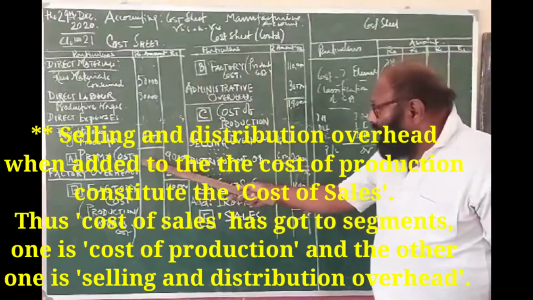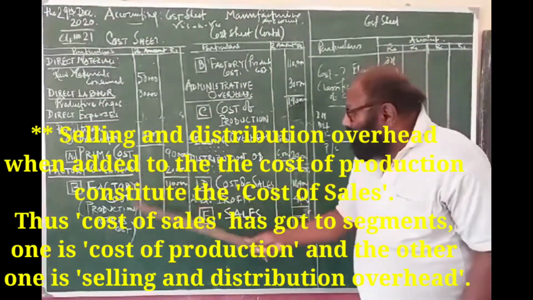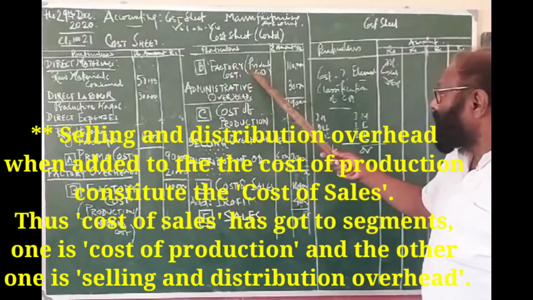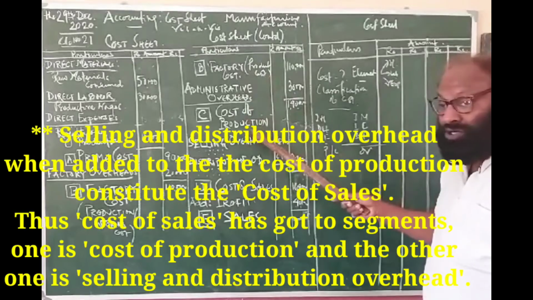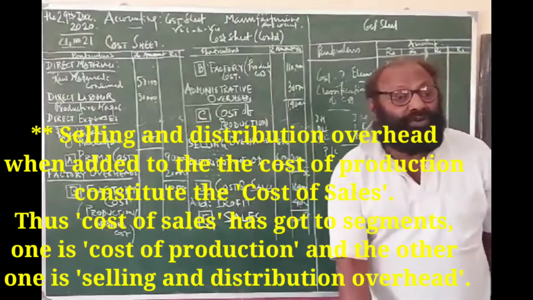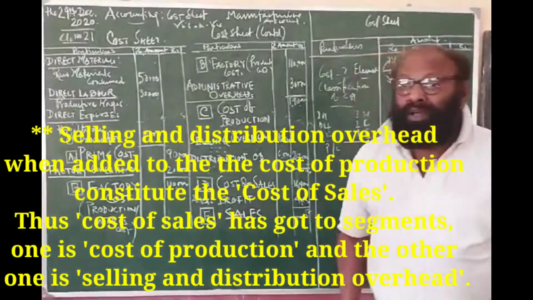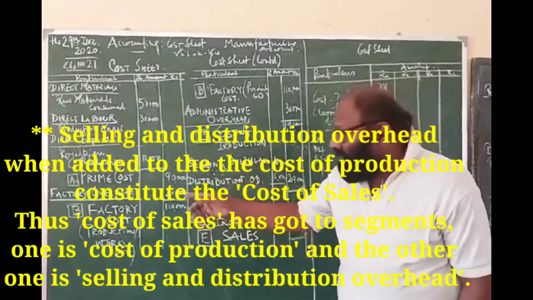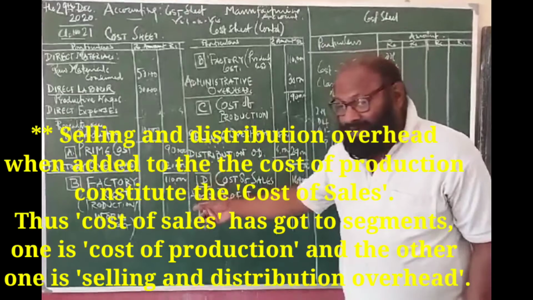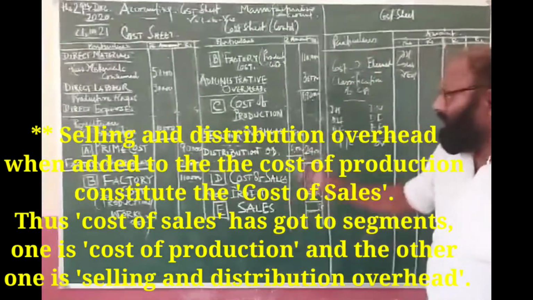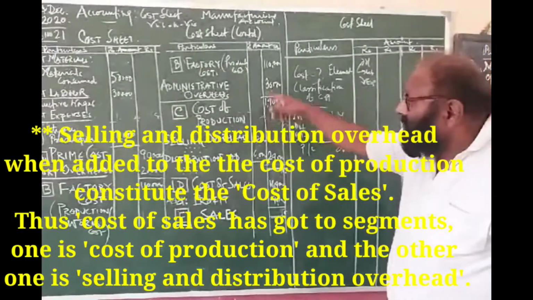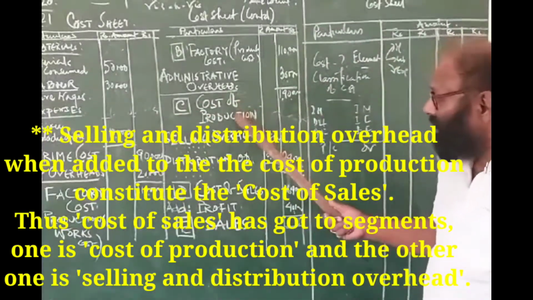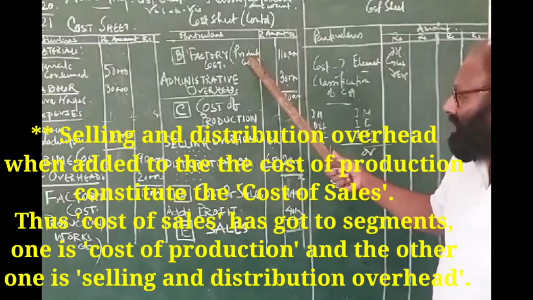When we add administrative overhead to factory cost or production cost, we get the cost of production. So the distinction between cost of production and production cost is that production cost is the cost incurred in the factory. One part is prime cost and the other part is production overhead. But cost of production is production cost plus administrative overhead. So it is bigger in amount in comparison to the production cost.